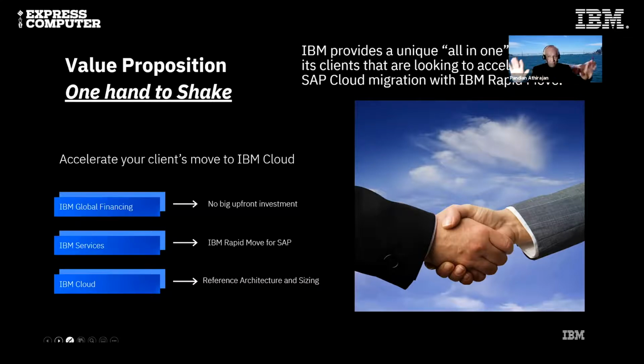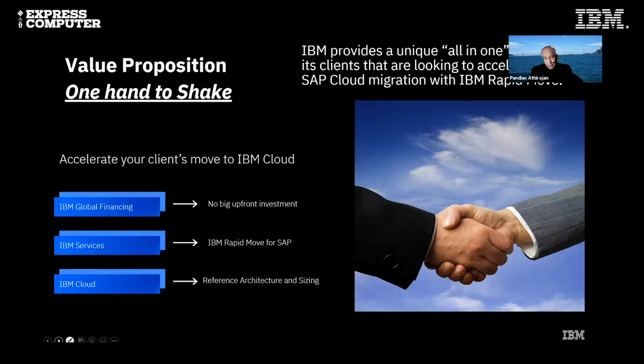Again, it's preferable that you have one partner who can do everything. IBM can provide that. And along with that, I talked about Rapid Move. Rapid Move is basically the services, cloud infrastructure, plus the licensing cost. Everything can be financed by IBM through our Global Financing unit.